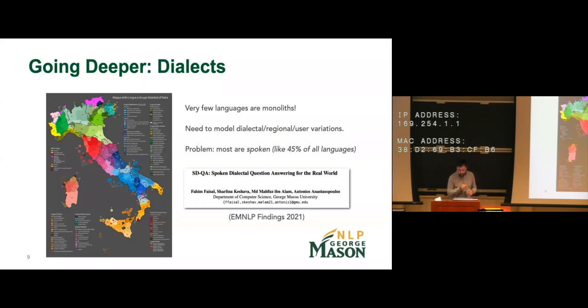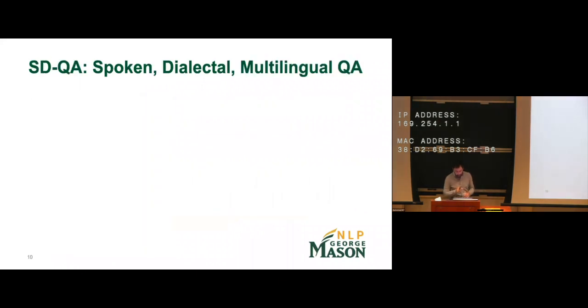So in order to do that, we started thinking about building data sets that go to that more fine-grained level. And I wanted to give you an example of what we did. We built a question answering data set on top of Google's TyDi QA.